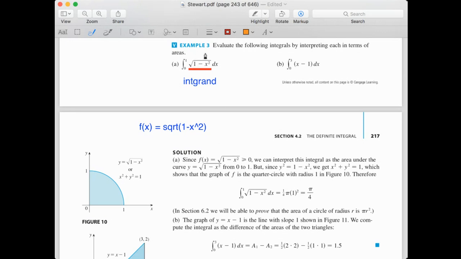So sometimes the integrand will not be this nice. Integrand, I-N-T-E, integrand.